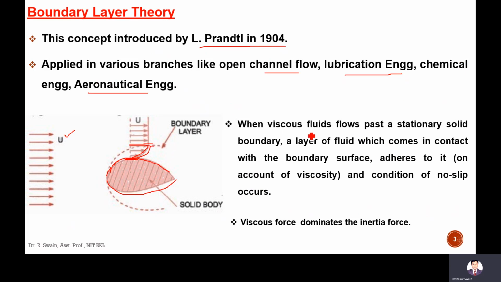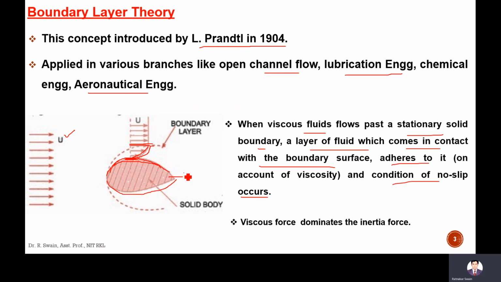The main concept is that when a viscous fluid flows past a stationary solid boundary, the layer of fluid which comes in contact with the boundary surface adheres to it, and the condition of no slip occurs. Adheres to it means if it is at rest, then the velocity will be 0 here.